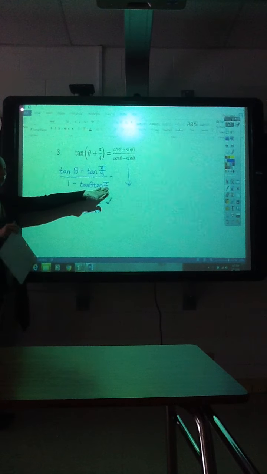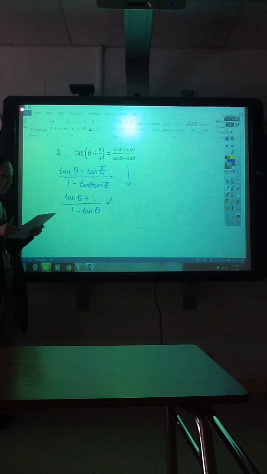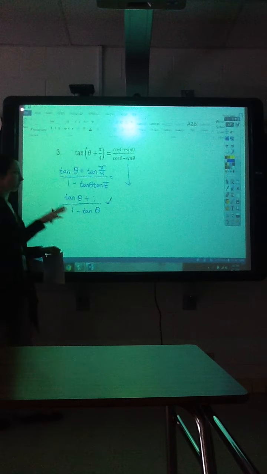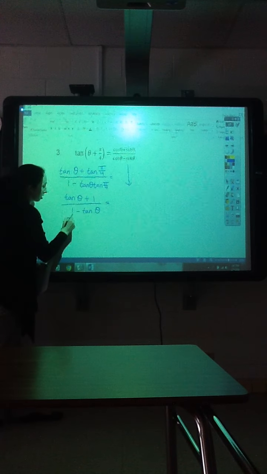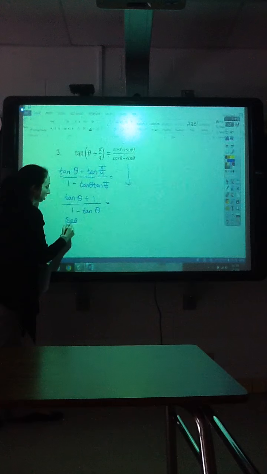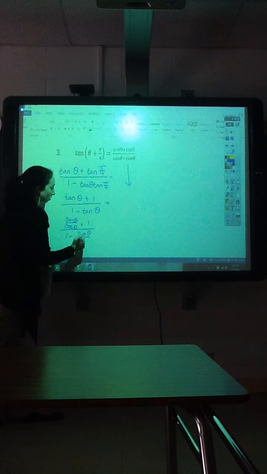So again, tangent of pi over 4 is 1, so that's how these two just became 1s. Now, I'm going to convert everything into sine cosine because my answers are in terms of sine cosine. So, sine theta over cosine theta plus 1 over 1 minus sine theta over cosine theta.